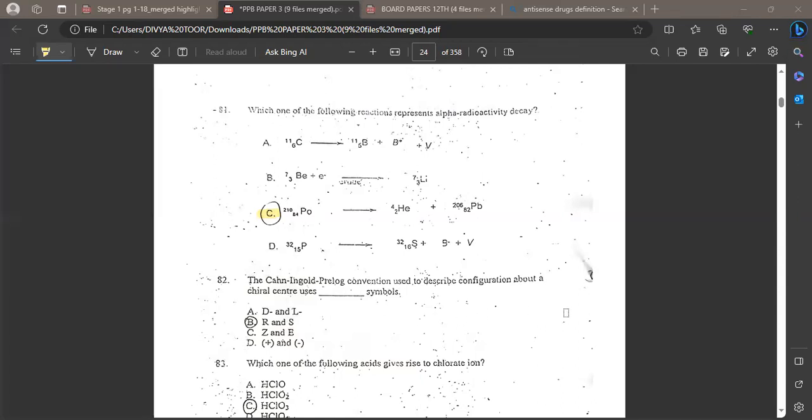The purpose of the CIP system is to assign an R or S descriptor to each stereo center and an E or Z descriptor to each double bond, so the configuration of the entire molecule. There was this article I saw a few weeks ago. It was saying Z and E, not R and S. It's a Prelog convention.